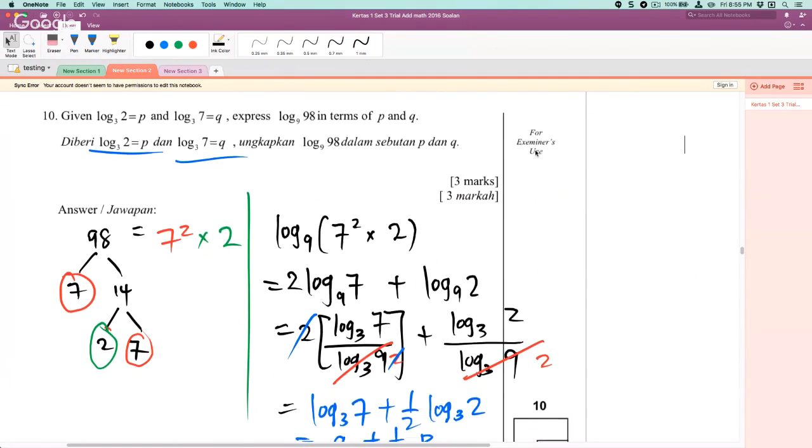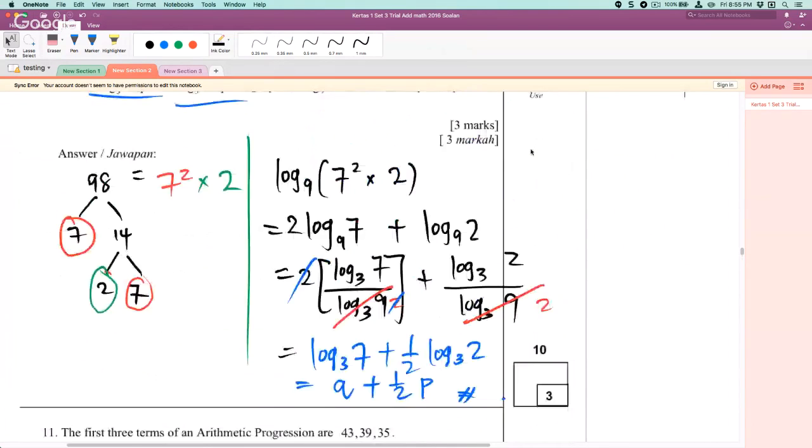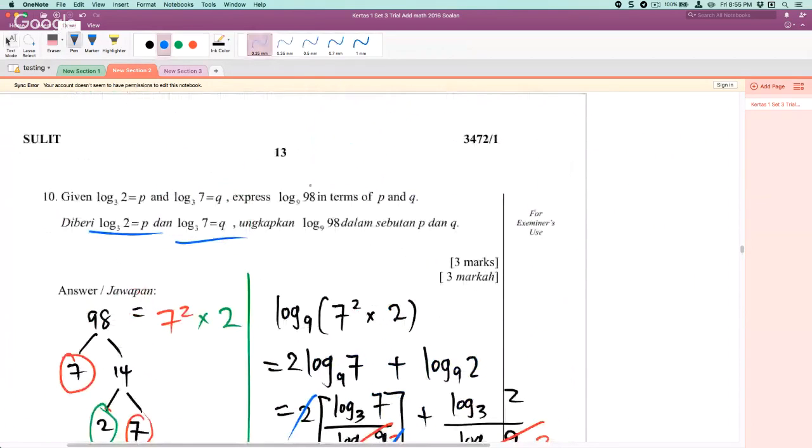Because this question is actually not really tough, you can try to do it yourself. Your first step is you want to know 98. Inside the 98, you have how many 7s and 2s. That means 98 must be some number 2 to the power of something multiply 7 to the power of something.